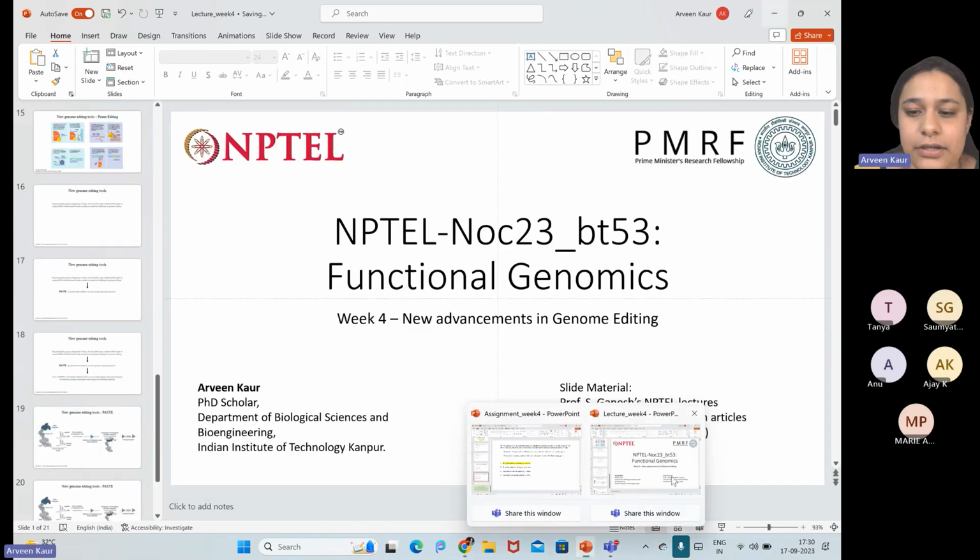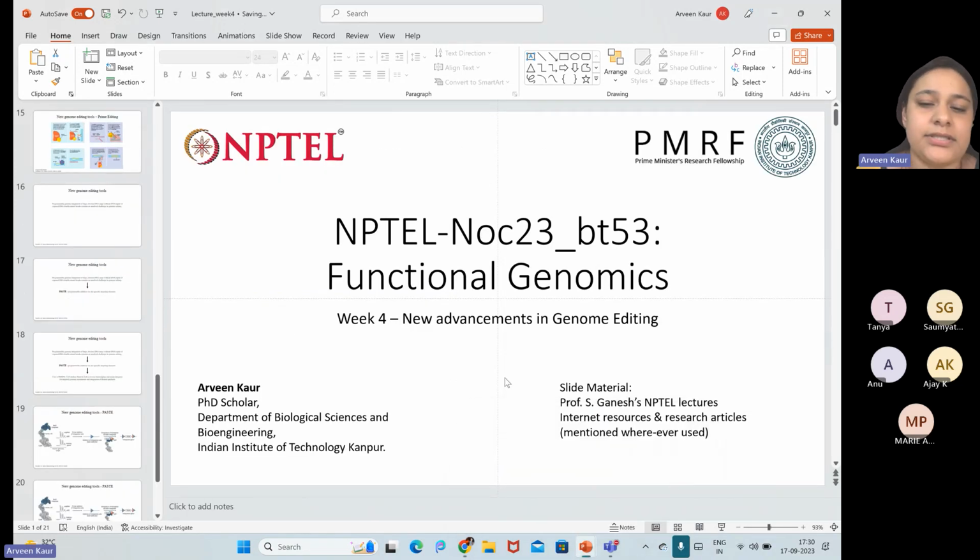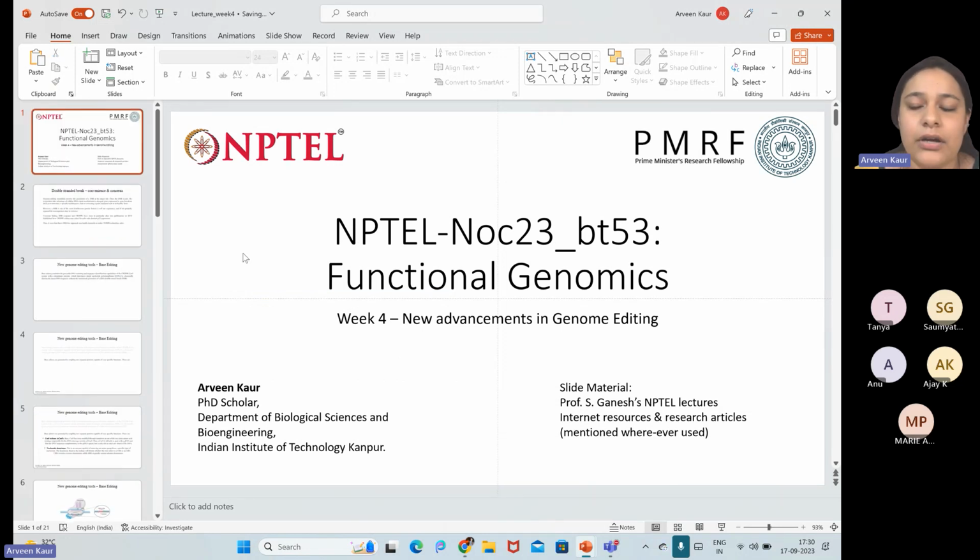So moving on to the second part, which is new advancements in genome editing. Over here, like I mentioned, I have briefly talked about base editing, prime editing, and PASTE, which is another newer form of inserting larger numbers of base pairs into DNA without double-stranded breaks.